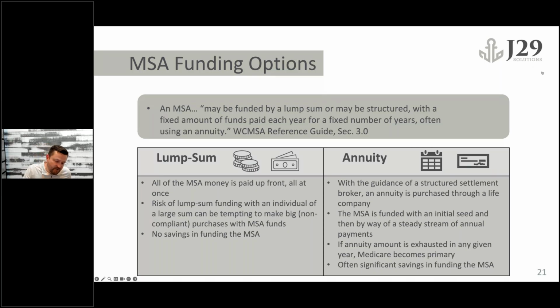And then there's an annual funding date that's established, and each year they get a set sum of money that provides them with a steady stream of income with respect to that MSA.